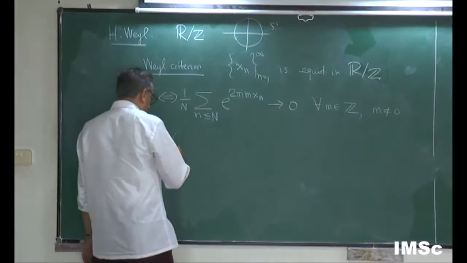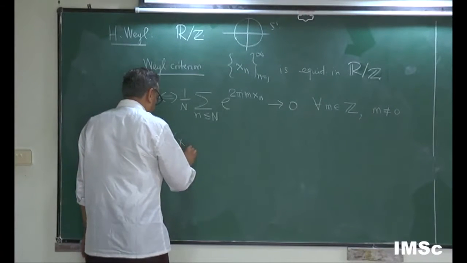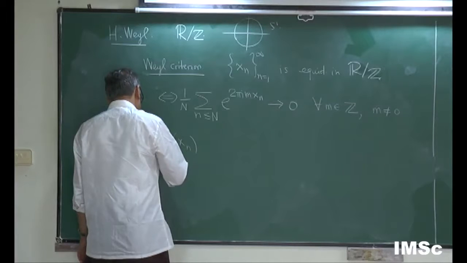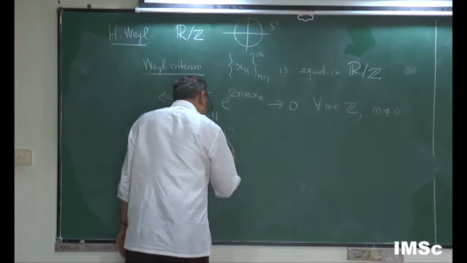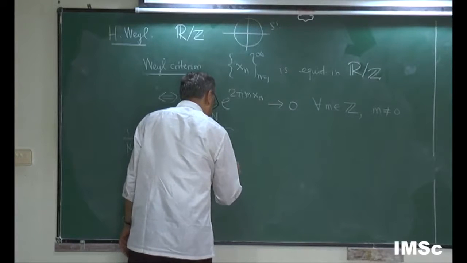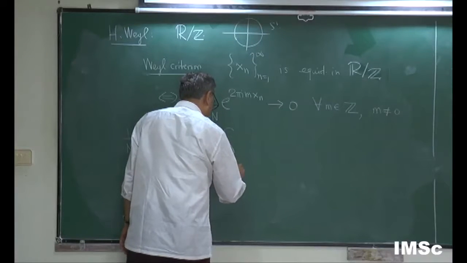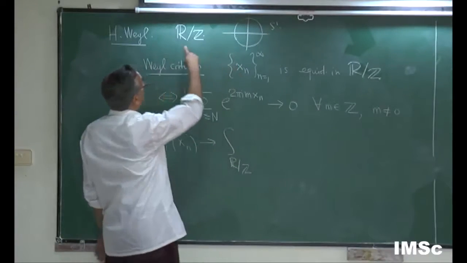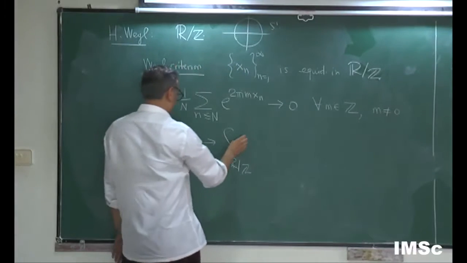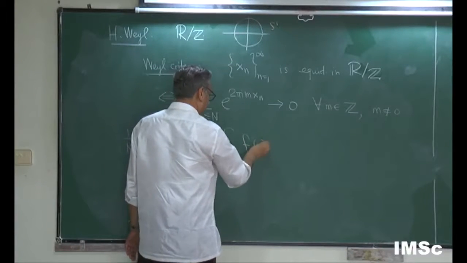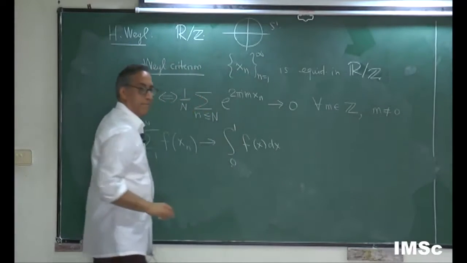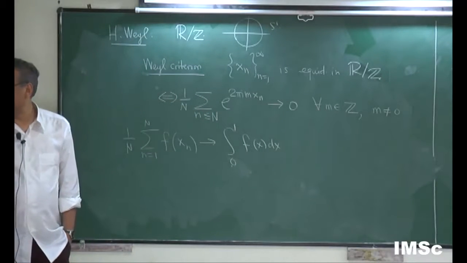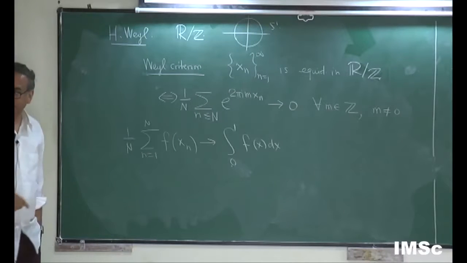So you could reduce your thing to continuous functions. So we have to check, well, here our space is R mod Z, so you have to check that this is equal to the integral of f of x dx, the usual business. Maybe I should write integral 0 to 1, just so that it's clear. So you have to check this.